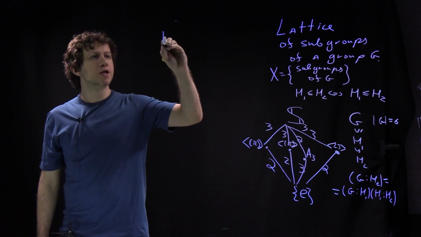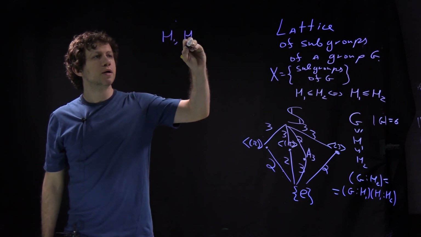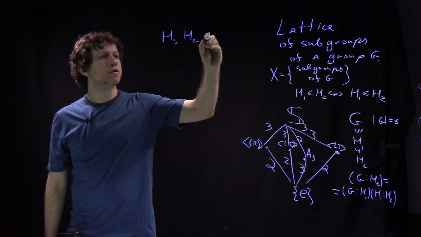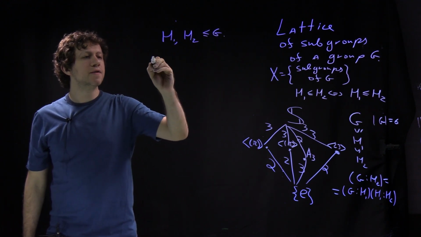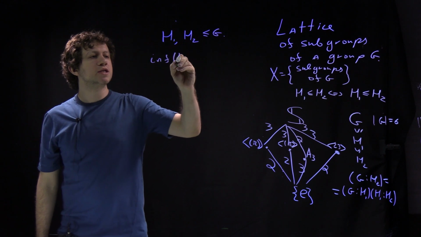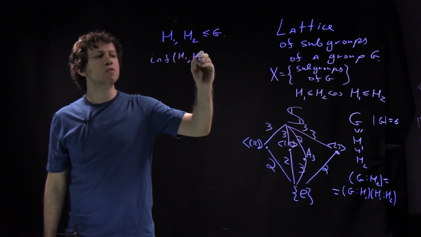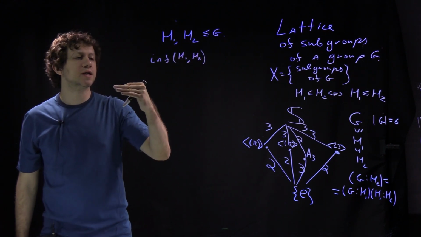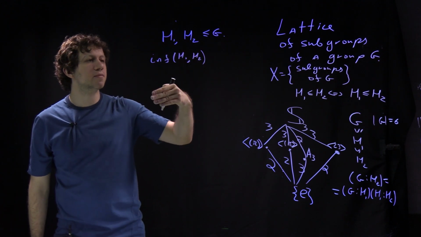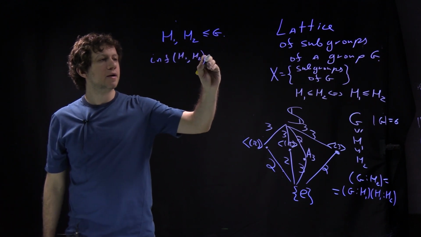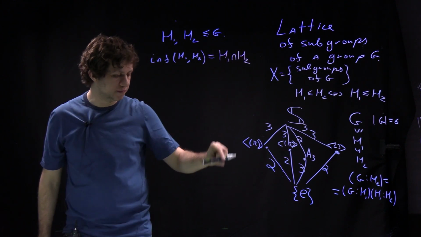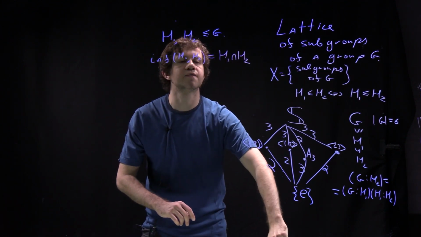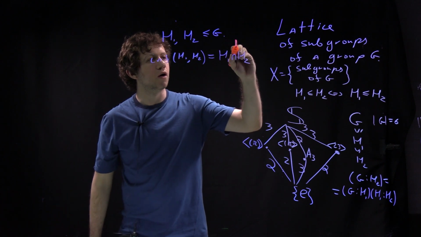Suppose you have H1, H2, two subgroups inside G. Then if you take this infimum, you want some subgroup which is contained in both, and you want the biggest one contained in both, so that any other contained in both will be contained there. And that's, of course, the intersection.